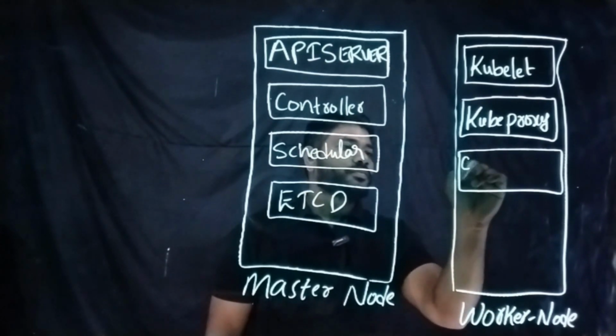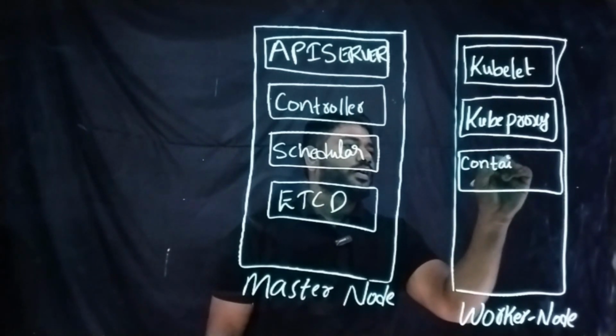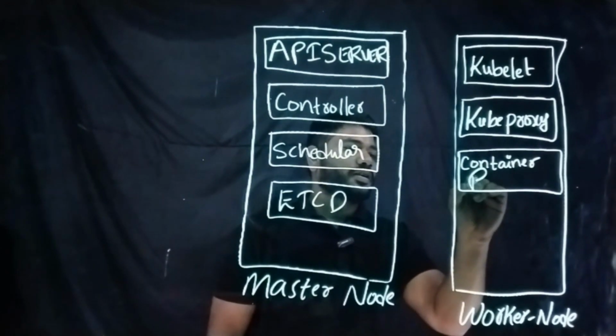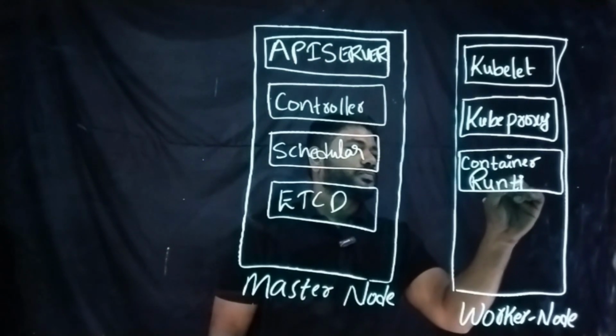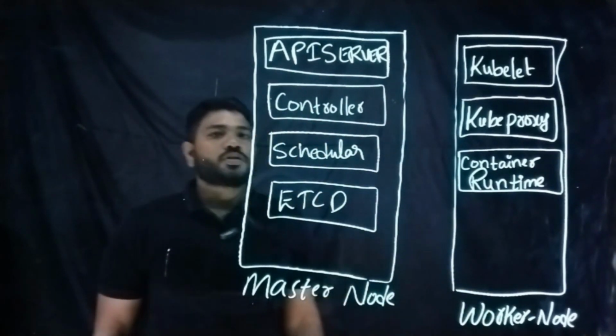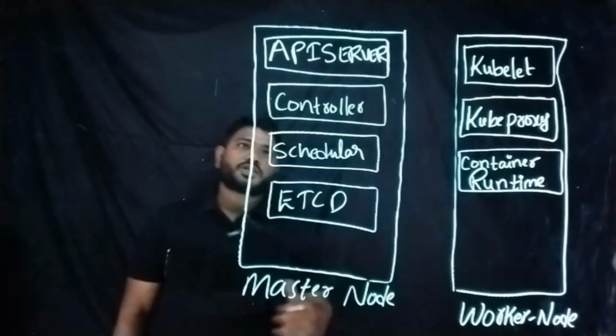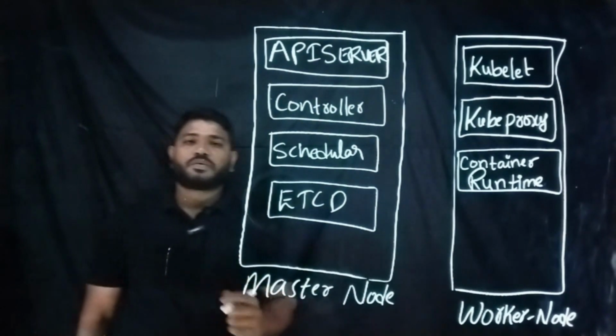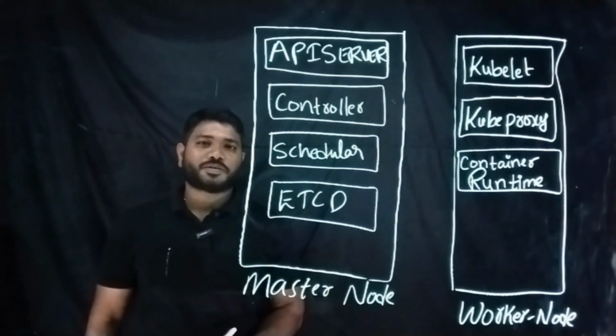It may be any container runtime. We have a number of container runtimes present in the market. So all these components are present in our master and worker nodes. So we have around 7 components in the Kubernetes architecture.